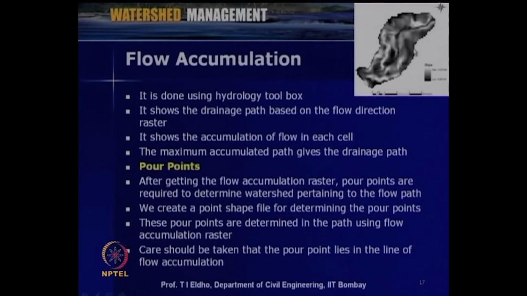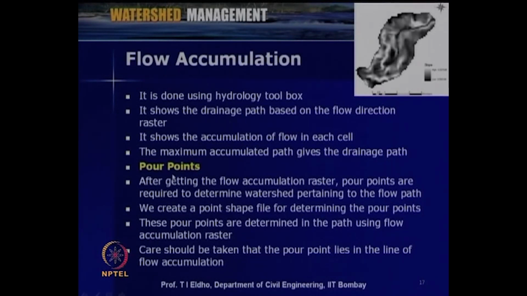For example, this figure shows a slope map which is obtained from the previous detailed elevation model, which was shown in one of the earlier slides. From that we can get the slope map. This slope map is also an indication of how the flow will move as far as the watershed is concerned.